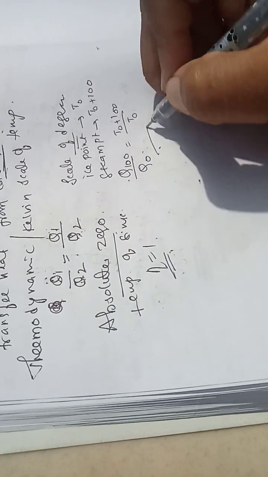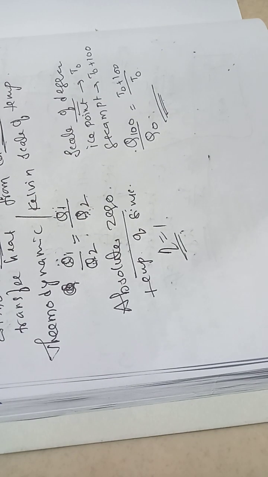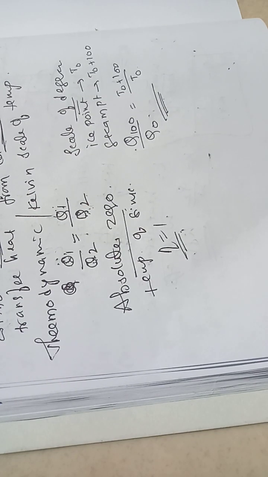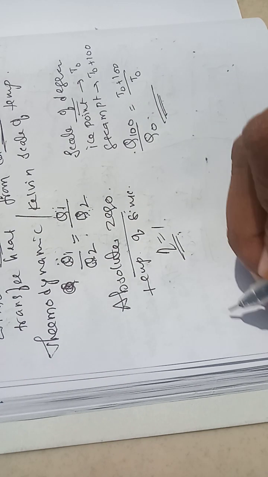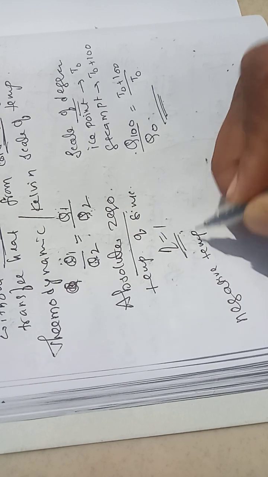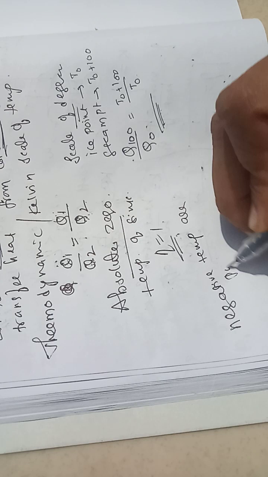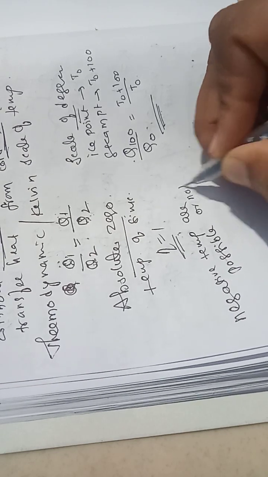Thus the thermodynamic scale is completely defined and fixed. Right? Now the next question is whether negative temperatures on the thermodynamic scale are possible or not.